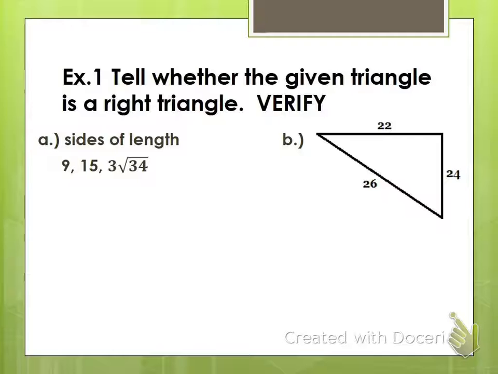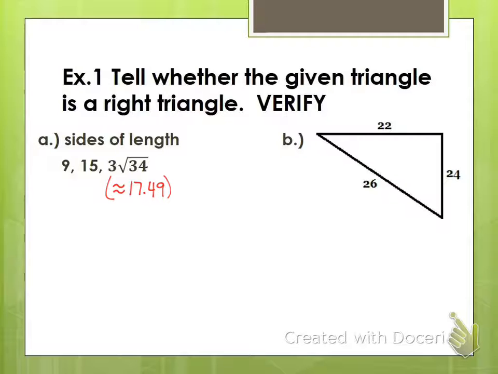Anybody get it? 17.49. Okay, so this is approximately 17.49 or 17.5. Really, you could even just know that it's approximately 17, and that would tell you that is your longest side. Does that make sense?